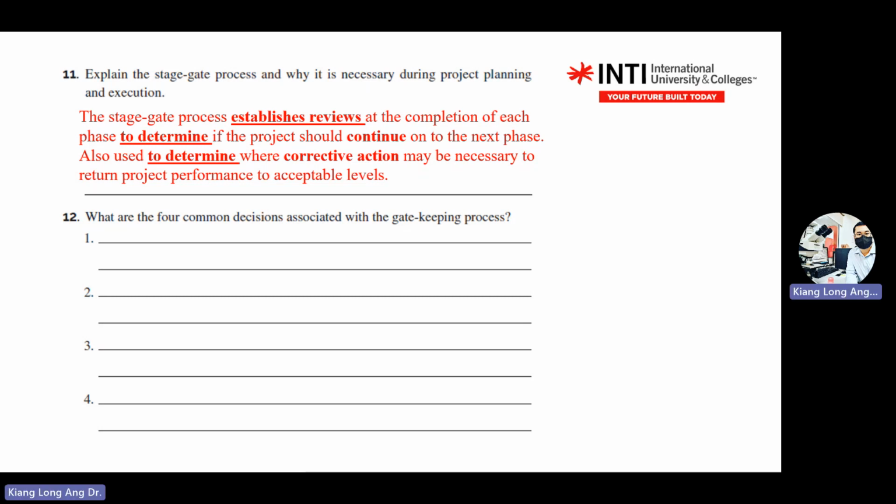Okay, 12. What are the 4 common decisions associated with the stage gate process? This one I mentioned already just now. What are the 4 types of decision?